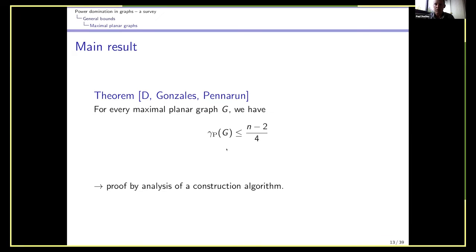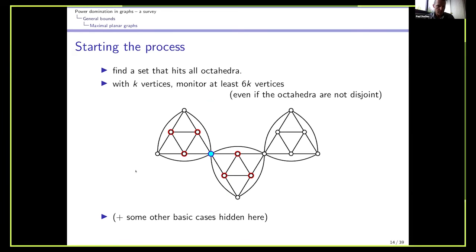We wanted to get 1/4, and what is kind of funny is that it ended up being easier to prove (n-2)/4 than just n/4. That's maybe what's more interesting in the proof.